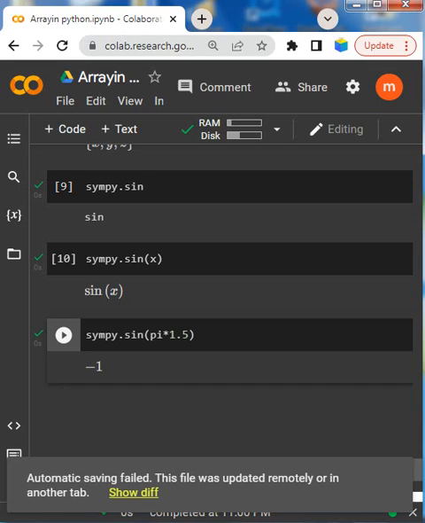When I apply it to abstract symbols such as x, the sine function remains unevaluated, but when possible it is evaluated to a numerical value, as I have already shown here.